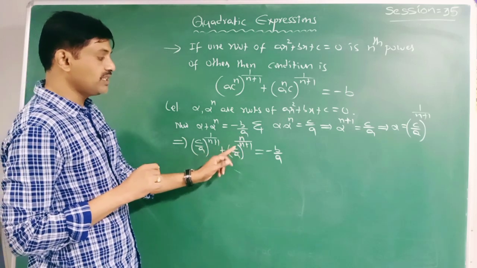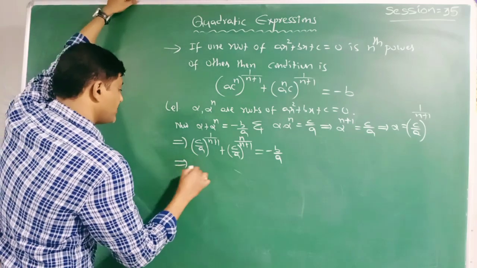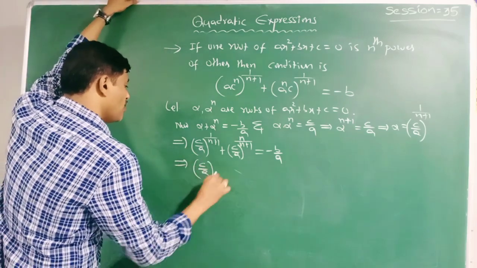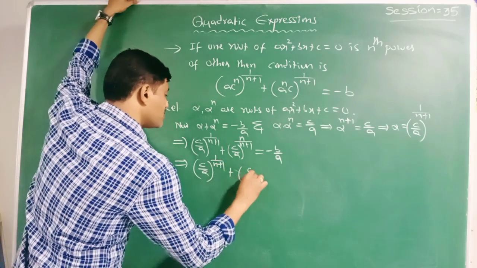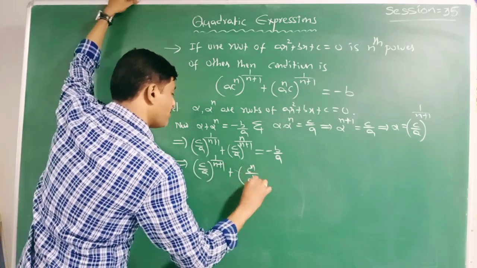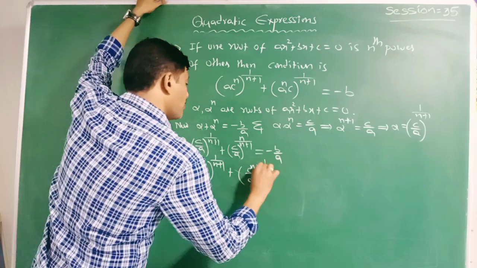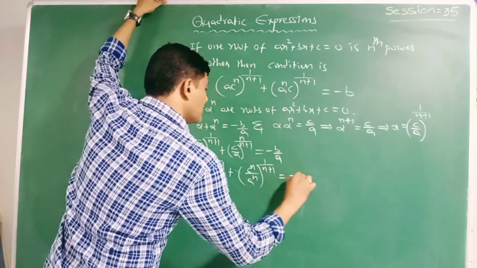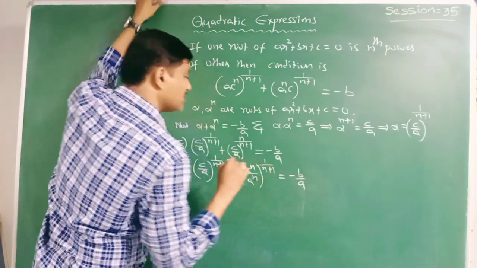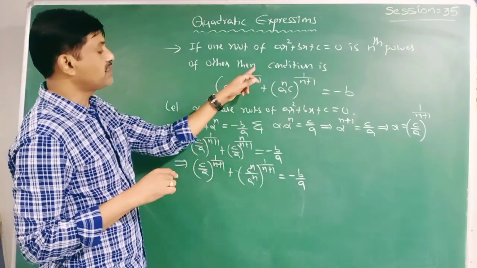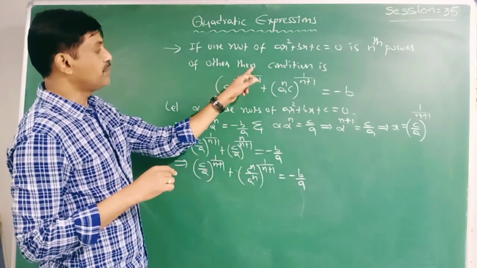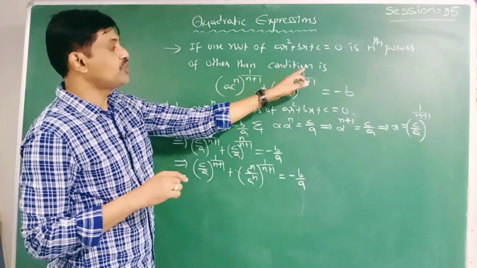This n we have to take inside, so it will become (c by a) whole power 1 by n plus 1 plus (c power n by a power n) whole power 1 by n plus 1 is equal to minus b by a, because we have to make the same power, as our condition contains powers 1 by n plus 1, here also 1 by n plus 1.